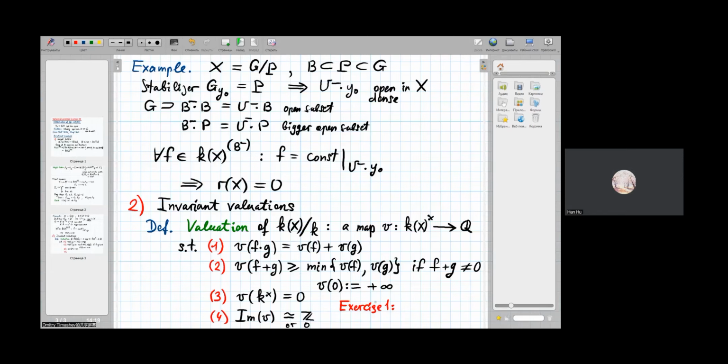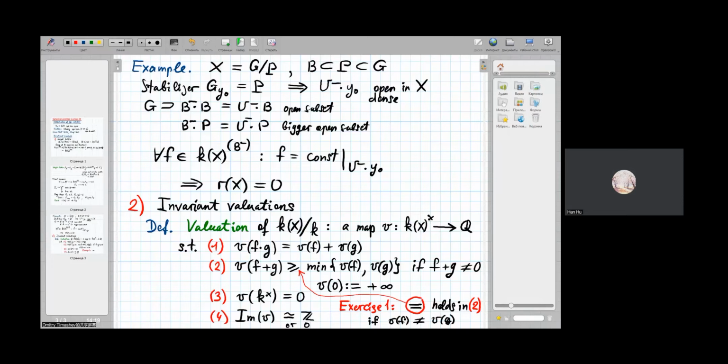So prove that the equality holds in condition 2, the equality instead of the inequality here, if v of f is not equal to v of g.